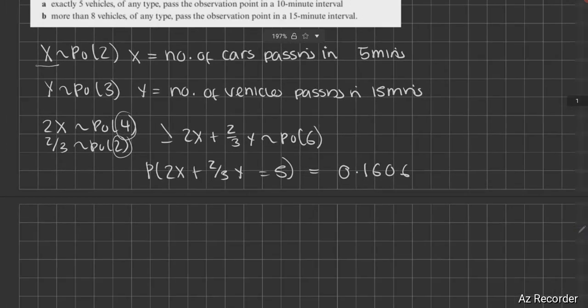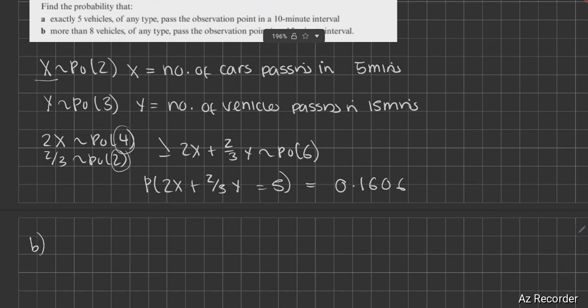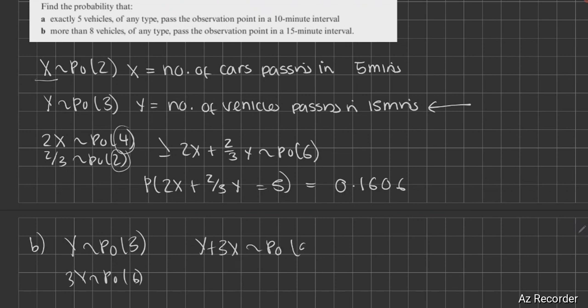For part B, it's asking us to find the probability that more than 8 vehicles of any type pass the observation point in a 15-minute interval. For the other vehicles, the distribution already displays the mean number of vehicles passing in 15 minutes, so that can stay as it is. But X is for 5 minutes, so we need to times it by 3, so 3X is 6. If we add Y add 3X, we get 9.